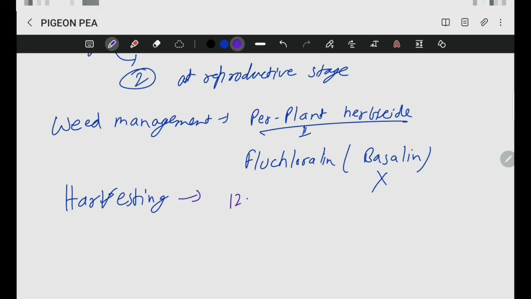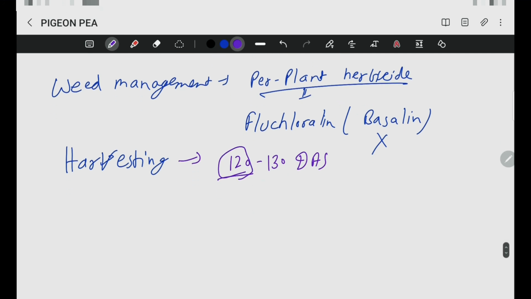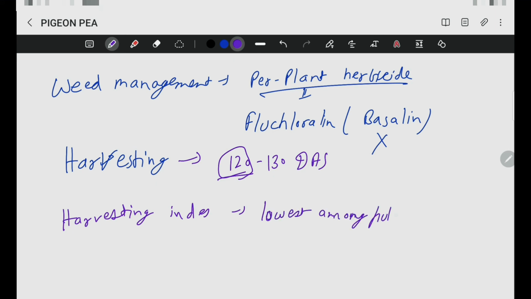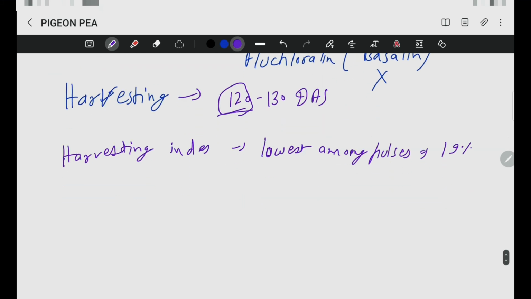This pigeon pea is harvested 120 to 130 days after sowing. Early maturing varieties mature within 120 days. Harvesting index. Just remember the harvesting index of pigeon pea is the lowest among pulses, and it is 19%. You must be wondering what this harvesting index is. In short, it is written as HI.